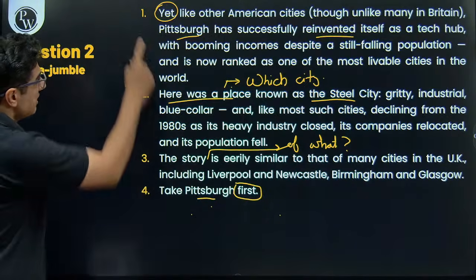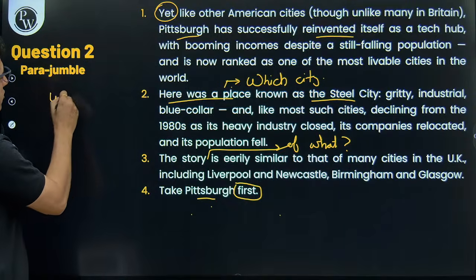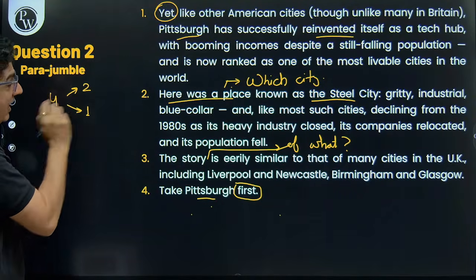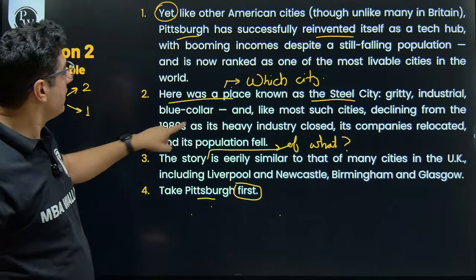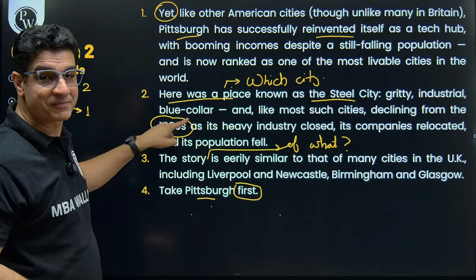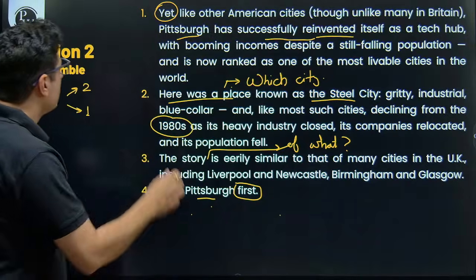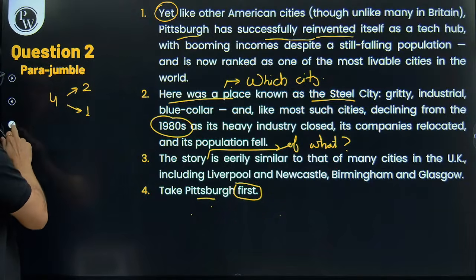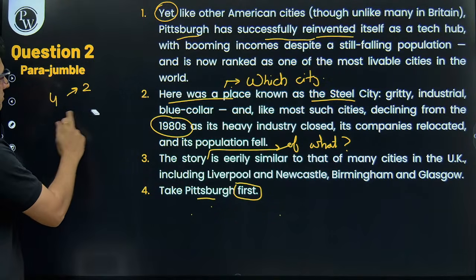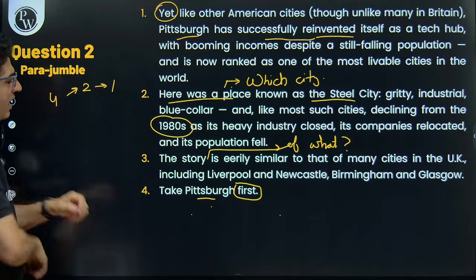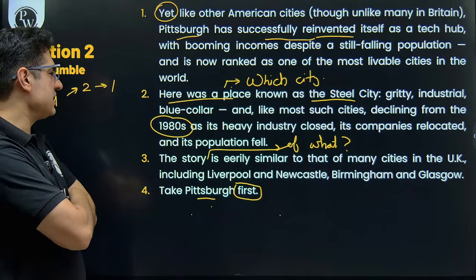So I think even when I look at it superficially, I can tell you fourth should come before second and first. And you need to talk about a place, how it was in the past. It's only then you talk about the reinvention, which means that 2 should actually come before 1. So there you go.